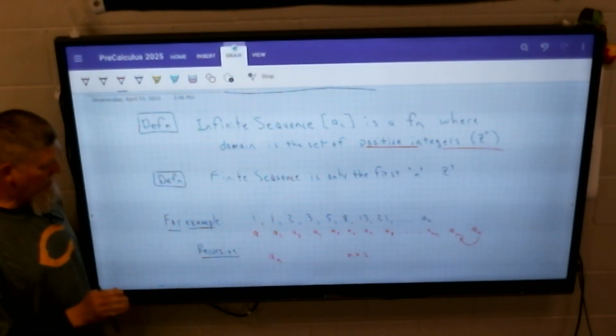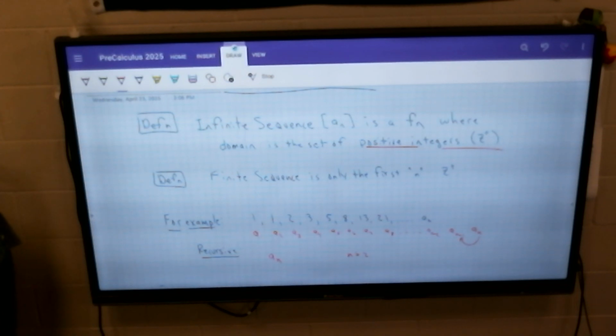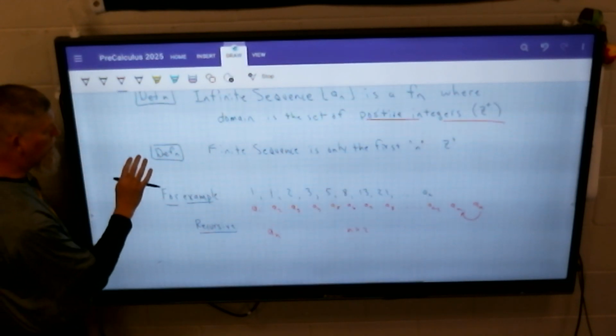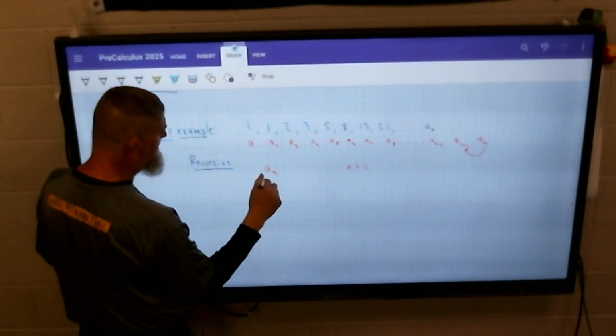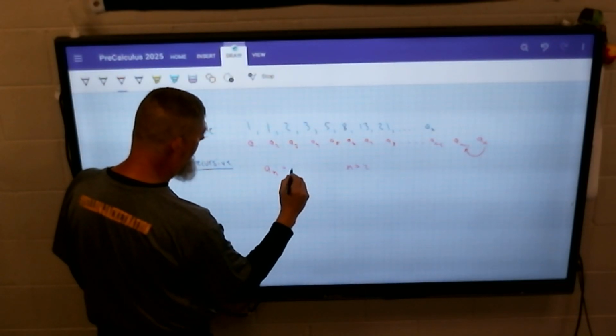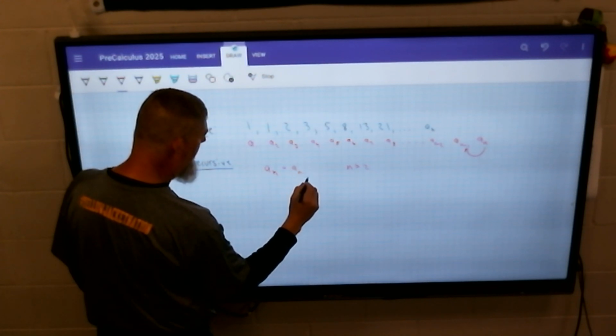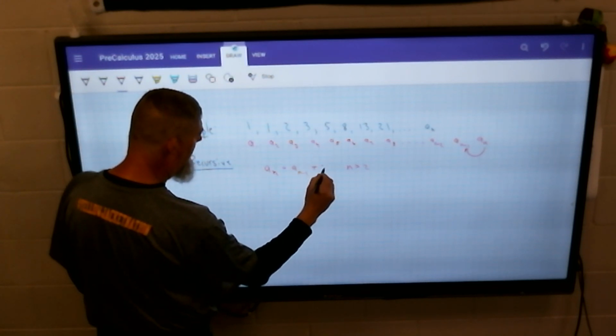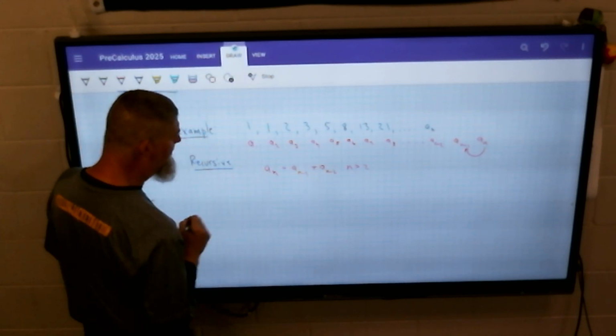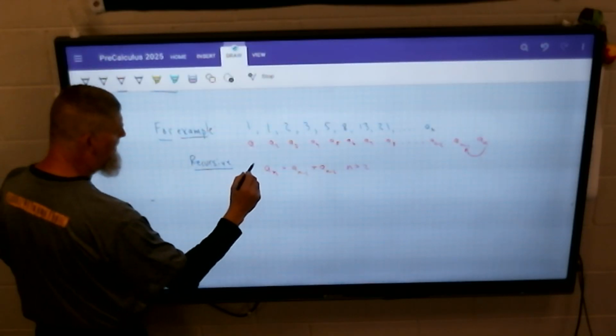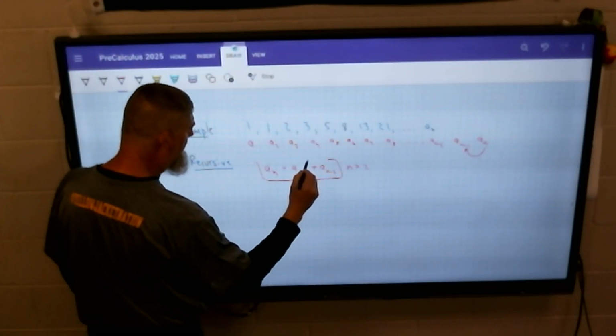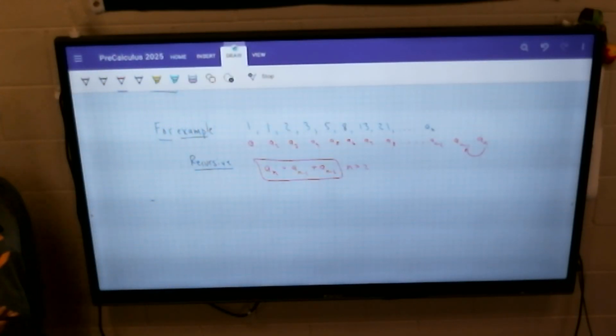So n can't be 2.1. What's the first number it has to start with? Has to be 3, and then 4, 5, and 6. So a sub n equals the one before it, a of n minus 1, plus a of n minus 2. And that's my formula for the Fibonacci sequence.